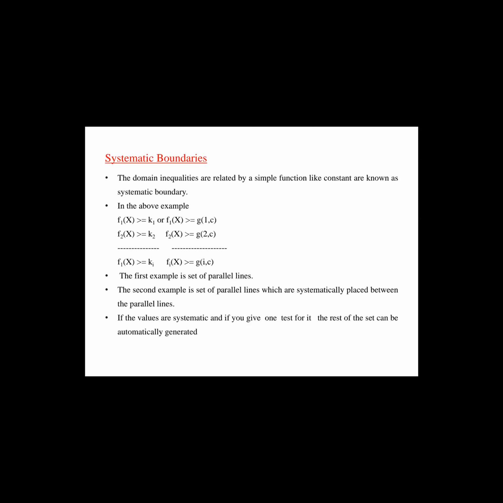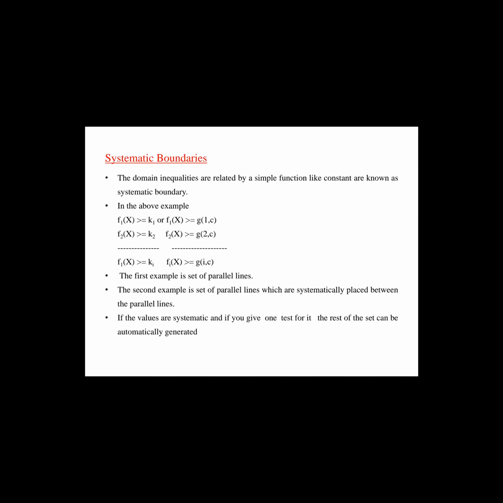The second example is a set of parallel lines which are systematically placed, automatically generated. As parallel lines, the boundaries will be generated systematically. Systematically means nothing but that the boundary is represented in parallel format.